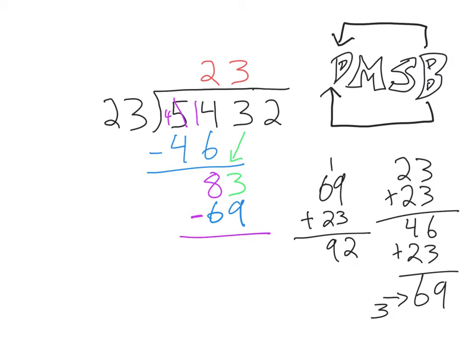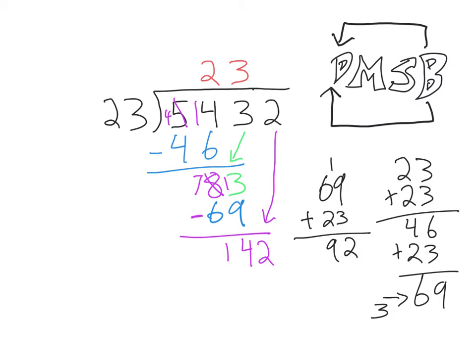No. Okay. Gotta borrow. 13 minus 9. Okay, that's 4. 7 minus 6. That's 1. Bring down the 2. Oh my gosh! 142? This must be impossible!